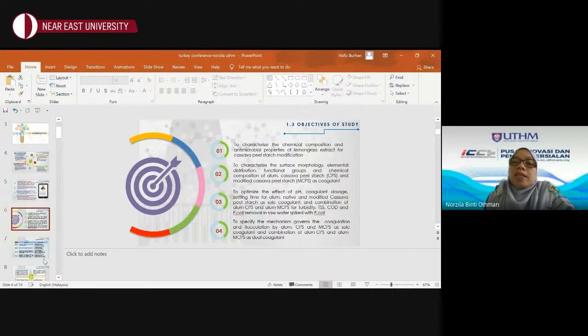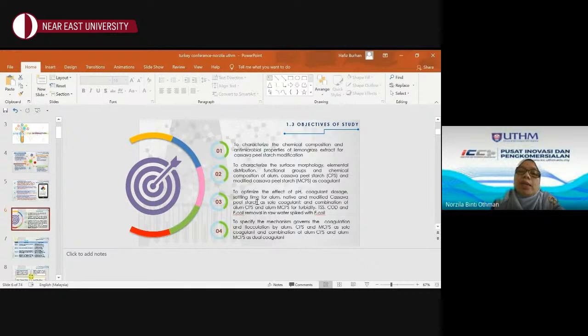The objectives of this study are to characterize the chemical compositions and antimicrobial properties of lemongrass extract for cassava peel starch modifications. Secondly, to characterize the surface morphology, elemental distribution, functional group, and also chemical compositions of alum, CPS, and also modified CPS.